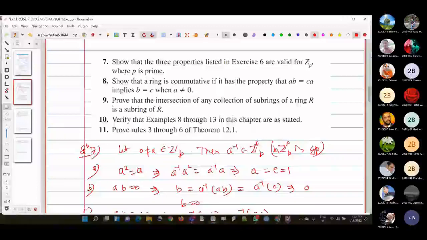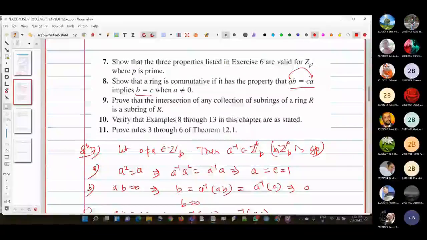Next question. A ring is commutative if it has the property that AB equals CA implies B equals C. So here, this is another type of cancellation, with this element on the extreme left and this one on the extreme right.